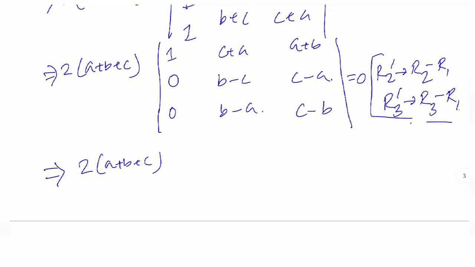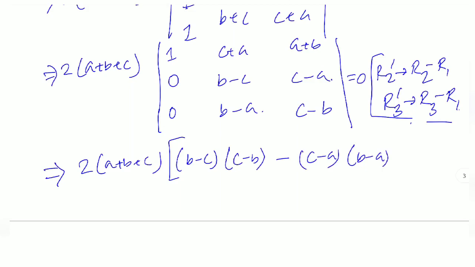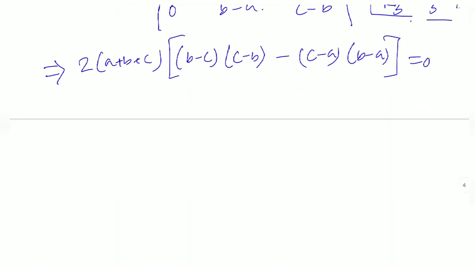Hence when you expand it along the column 1, what you will get is (b minus c) into (c minus b) minus (c minus a) into (b minus a), right? So that is actually equal to 0 again.